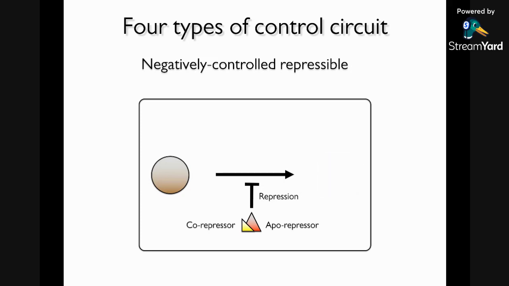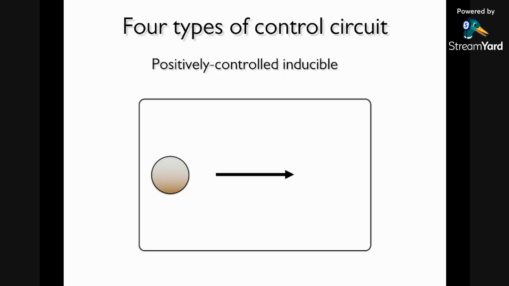Just to reiterate the point, it is because when you add both components, the repressor and, in this case, the co-repressor, you are causing repression. So that's why it's repressible. In the first example, it is negatively controlled inducible. Why is it inducible? Because when you've added both components, the repressor and the inducer, you are causing induction. We are turning on the genetic circuit, just to make that clear.